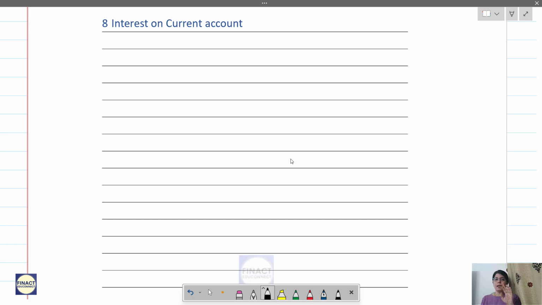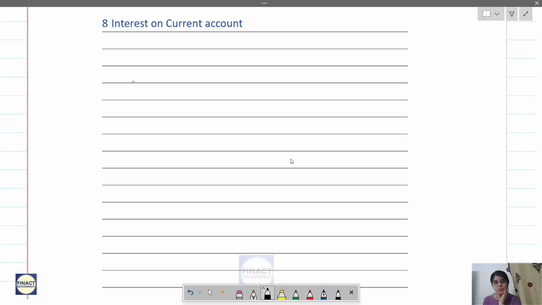In the capital account, you will have only 4 entries: opening balance and closing balance, then additional capital and withdrawal of capital. Only these 4 things will come in your capital account. So the current account is also similar to your capital account.